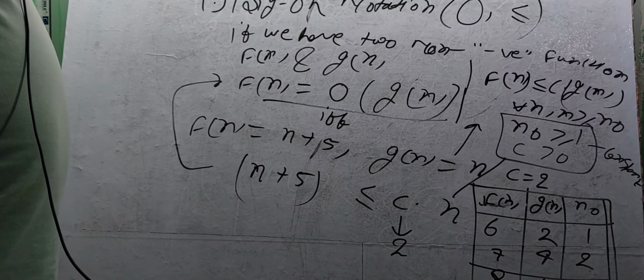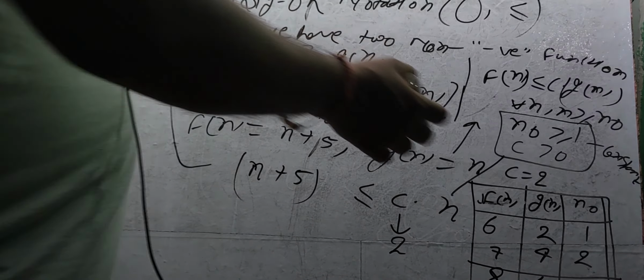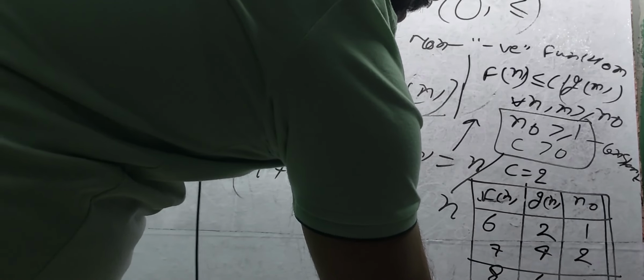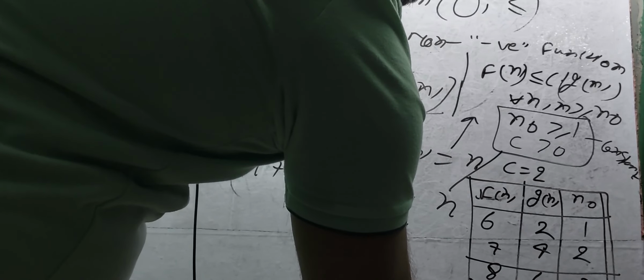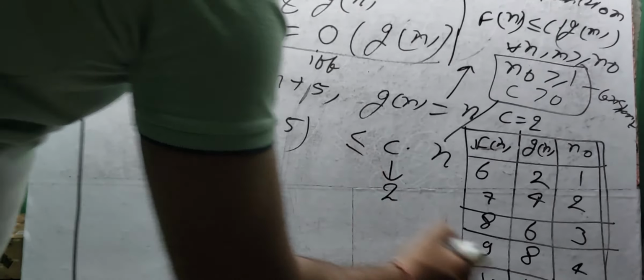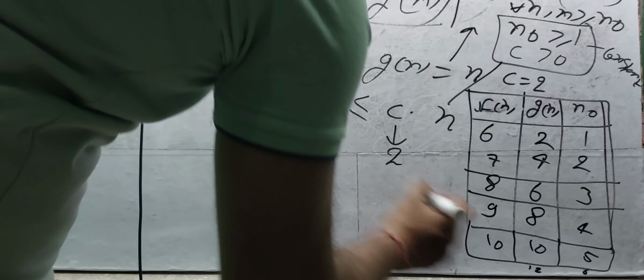f of n. Now take example 6. If you take 6, then it will give 6 into 2, 12, and this will give 11.